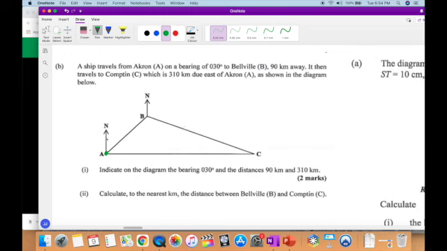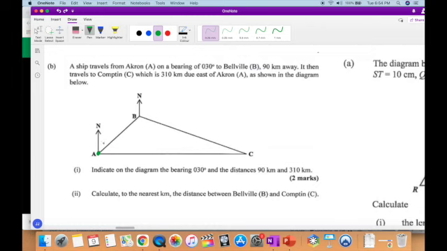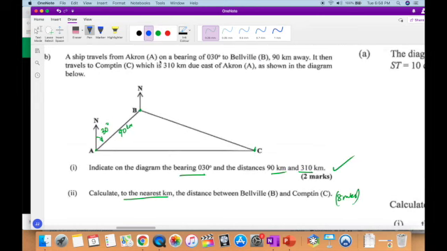We could see here that it's traveling in this direction. Bearings are measured from the north line, so from this north line, this angle here is 30 degrees. And a ship travels from A on a bearing of 30 degrees to B, and that is 90 kilometers.